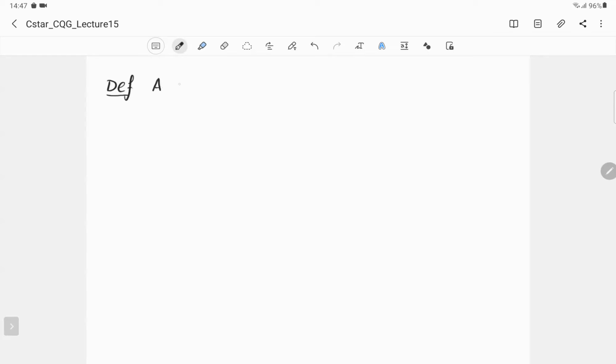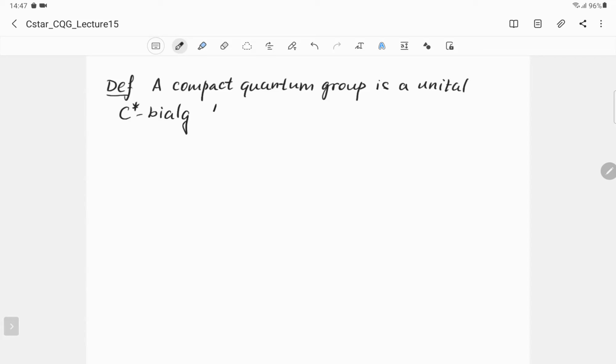By definition, a compact quantum group is a unital C-star algebra A with co-multiplication delta, which satisfies the following two density conditions, namely the subspace delta of A multiplied by 1 tensor A. This is a subspace in the tensor product of A by itself, and subspace delta of A multiplied by A tensor 1.